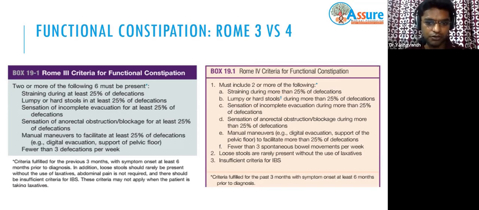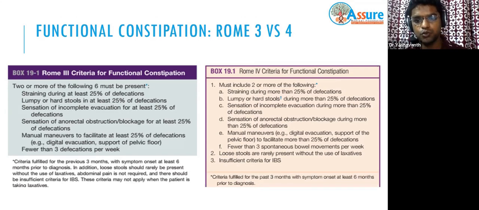Grossly, both look almost similar. These parameters should be present for the past 3 months, with onset 6 months before. This applies to almost all the Rome criteria, so keep it at the back of your mind.